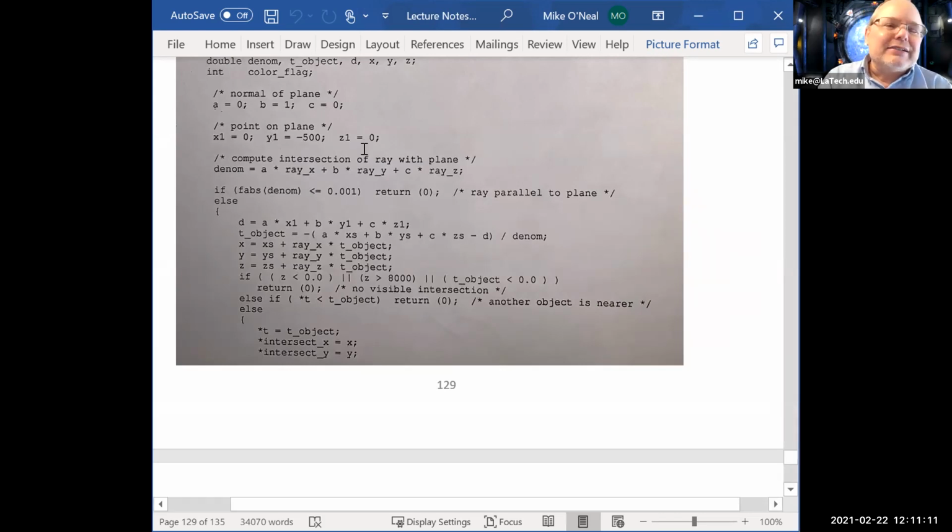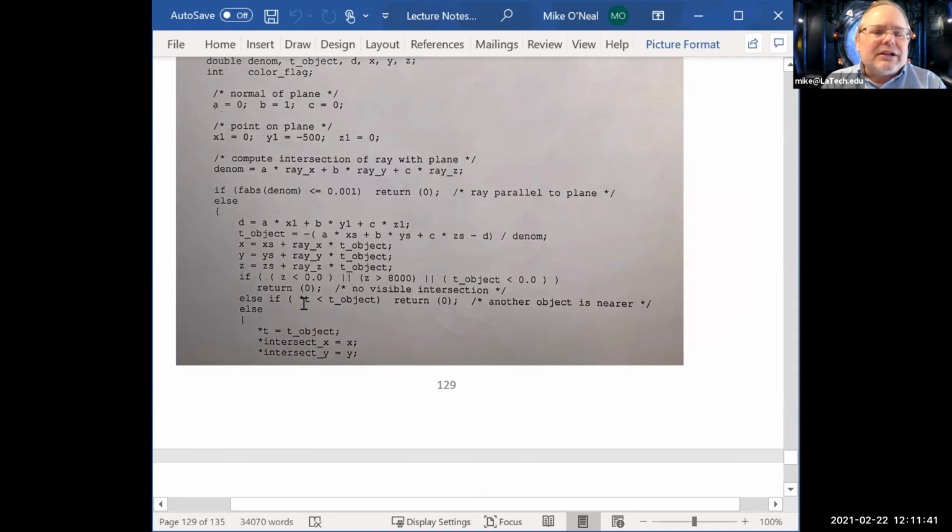So if my T is less than 0, which means it hit behind me, or maybe it hit in front of me, but it hit in negative Z, we don't generate negative Z, that's the space between us and the screen, or if it's way too far off in the distance, just treat it like it didn't hit it. There's no visible intersection, so return 0. Okay, I didn't hit it.